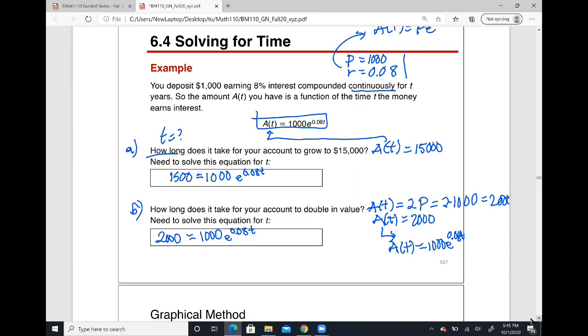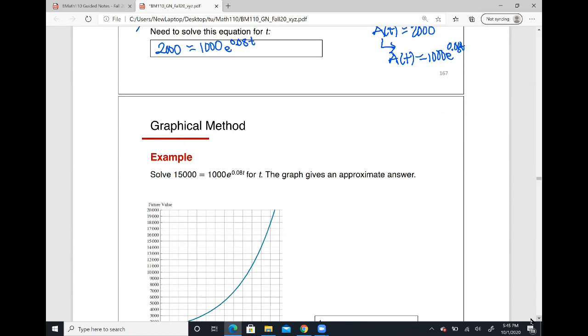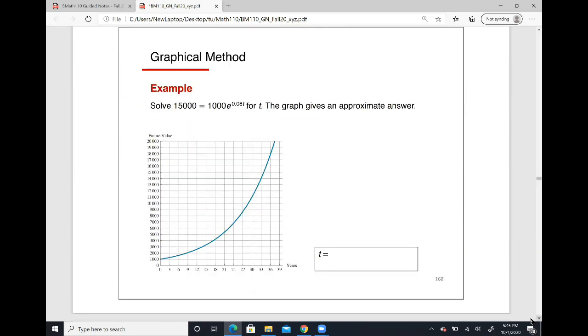Okay, let's move down here and see if we can use a graphical method to estimate or approximate the answer. So here is a graph of the equation of the first equation for part A in the example above, which is 15,000 equal to 1,000 times e to the power 0.08t.